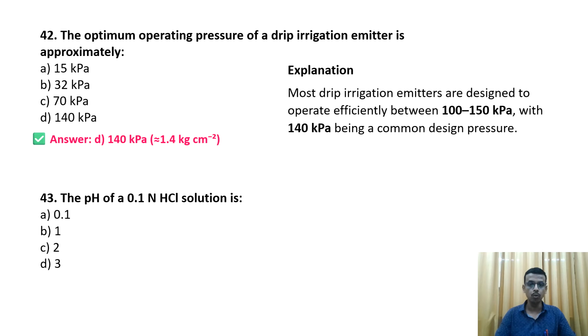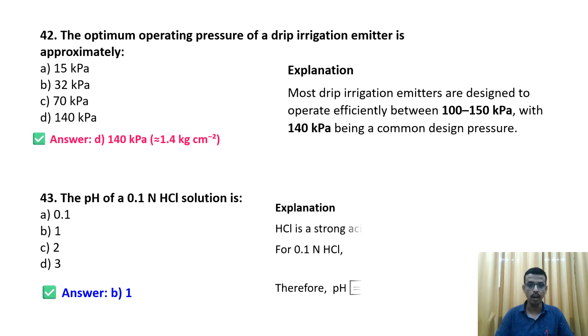Then coming to the pH of 0.1 normal HCl solution. The pH of 0.1 normal HCl solution is 1. How? This 0.1 normal HCl means the hydrogen ion concentration is the same, 0.1 normal H plus ion. So H plus ion concentration is 0.1, which means 10 to the power minus 1.